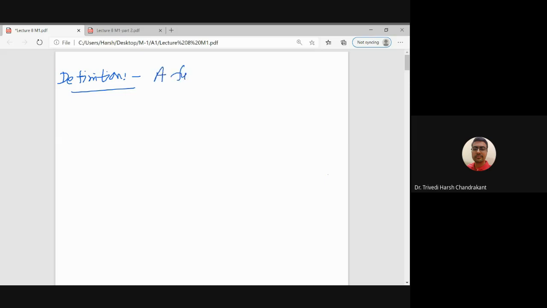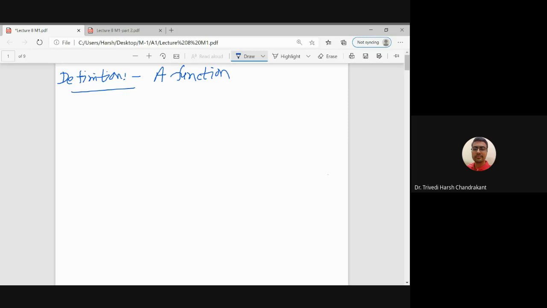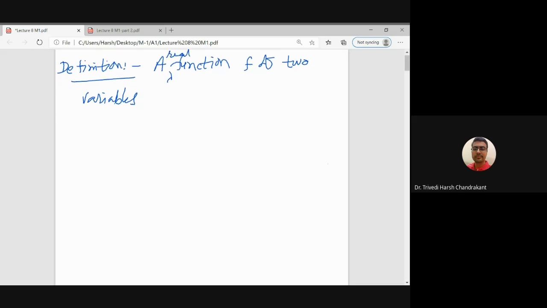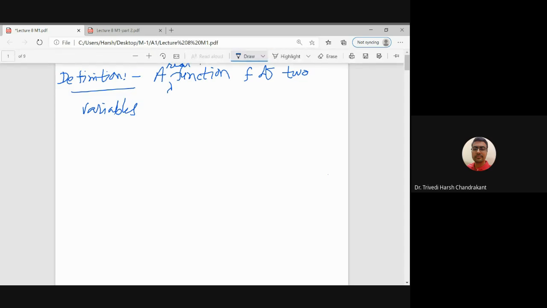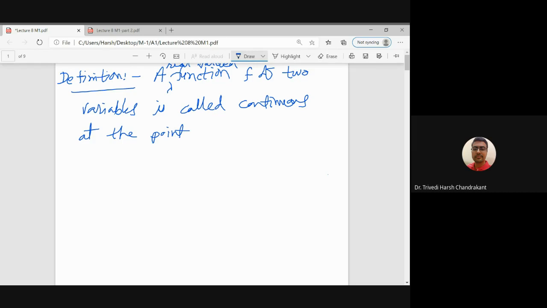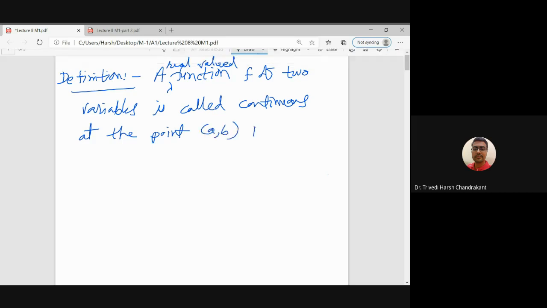A function f of two variables, basically a real valued function of two variables, is called continuous at a point (a, b) if it satisfies the following conditions.